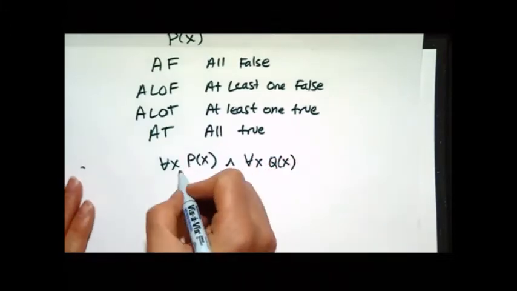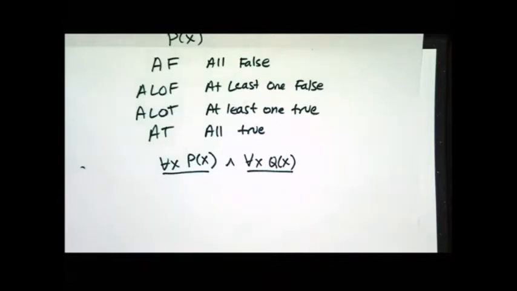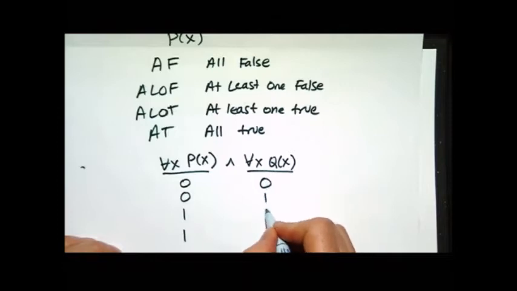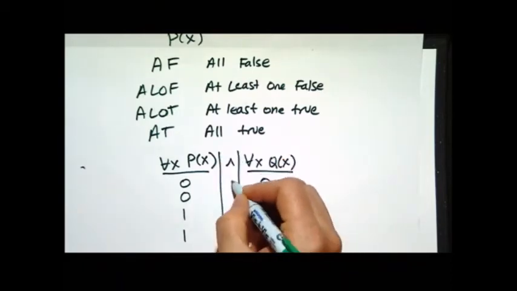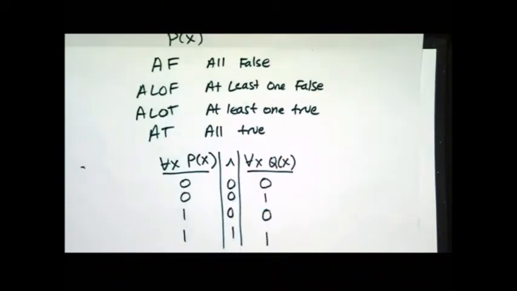And I can AND them together because they're propositions, and I can do whatever I want with propositions and operators. We've been doing that for a while. So I can actually make a truth table for this just like I normally would. Each one of those is a proposition. I can use them as propositions. I can AND them together, and I get the same normal stuff.